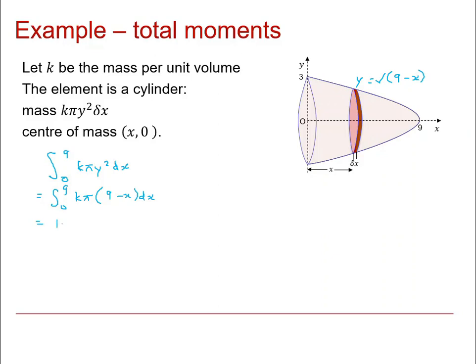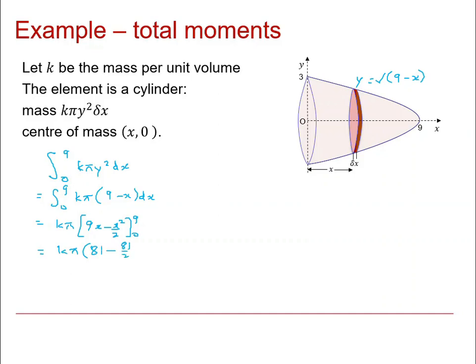Well, the k and the pi are constant factors, so let's put them out at the front. And so we're going to integrate 9 minus x, giving us just 9x minus x squared over 2 between 0 and 9. So that's k pi times 81 minus 81 over 2.